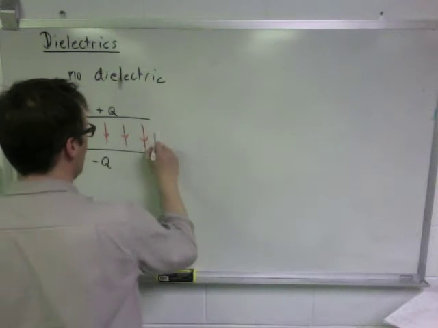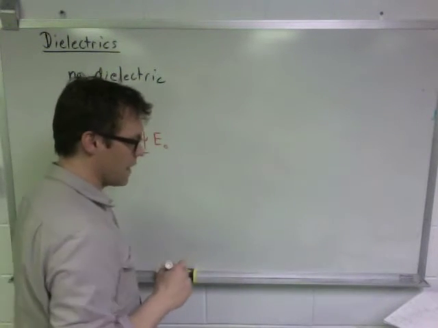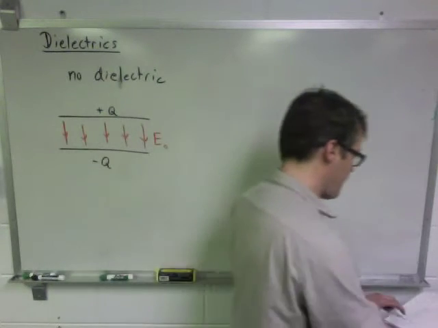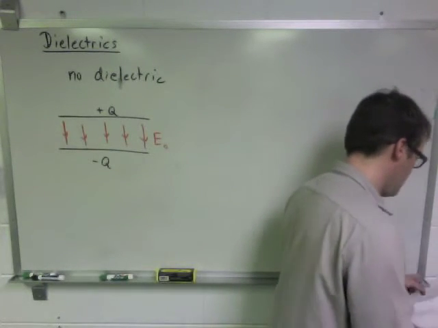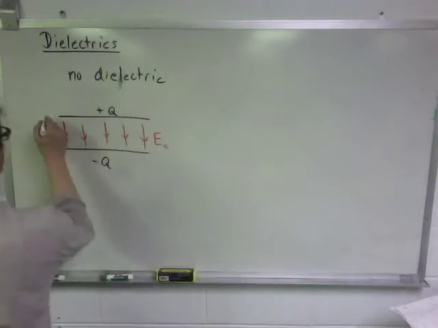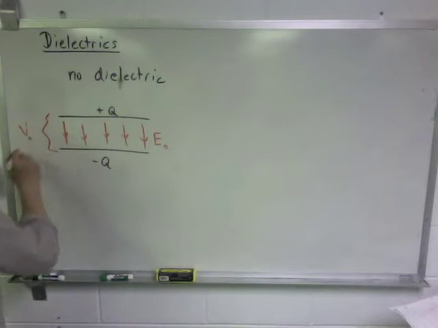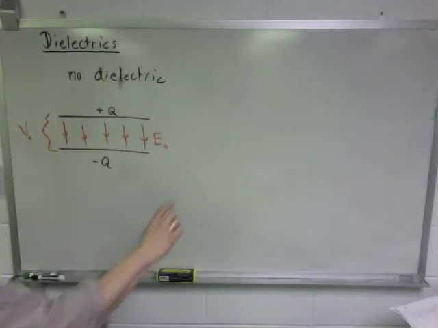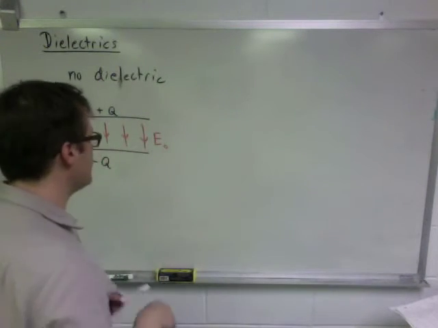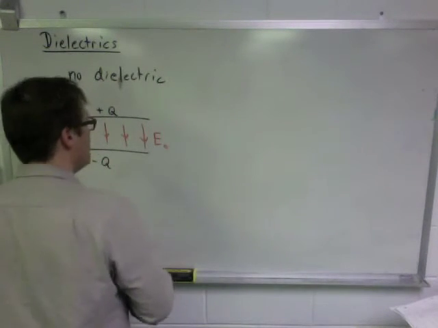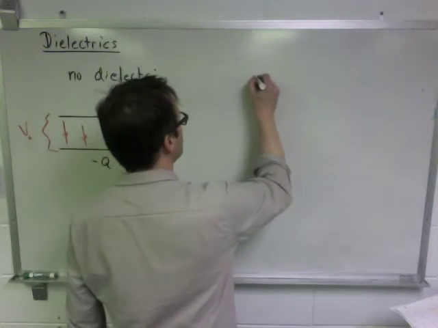Let's call the magnitude of that electric field E0, and let's call the potential difference between these two plates V0. Now let's put this slab of insulating material inside the plates of my capacitor.